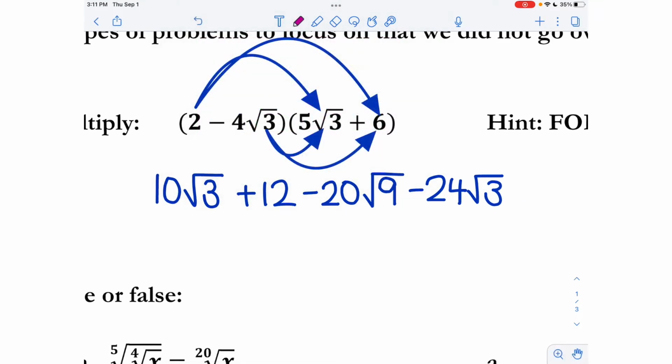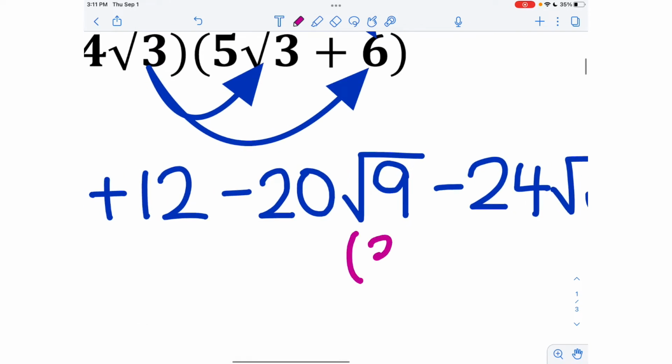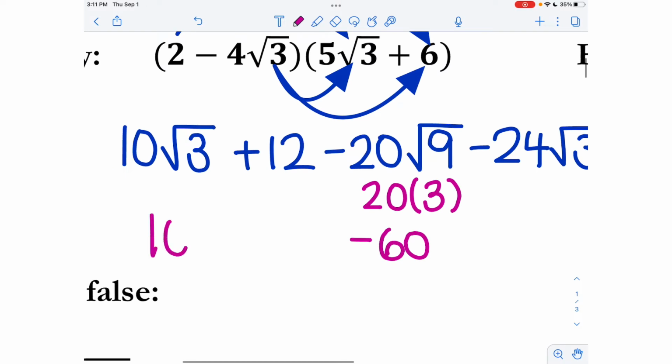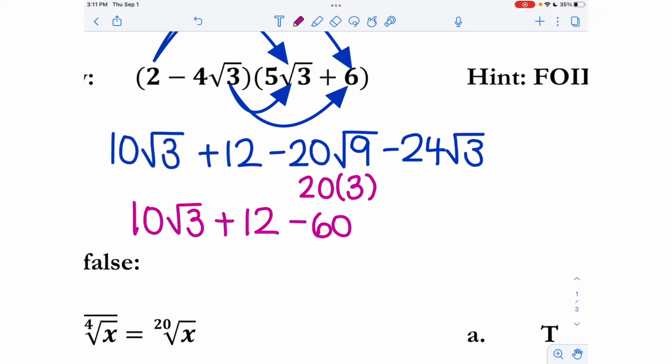Square root of 9 is 3. 20 times 3 is 60. So I have 10 root 3 plus 12 minus 60 minus 24 root 3.